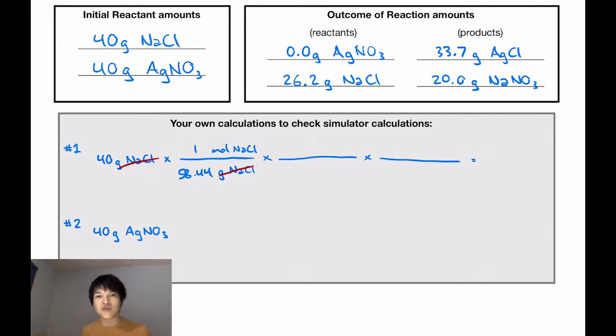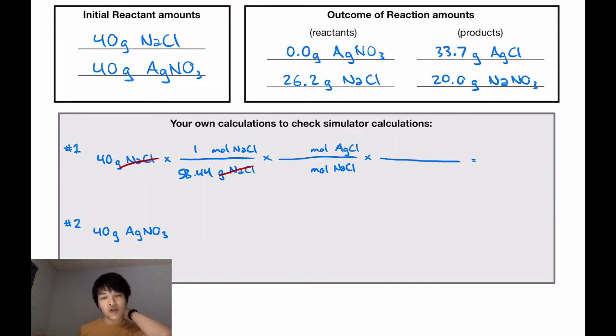For the second conversion factor, we're trying to go from moles of our first substance to moles of our second substance. So moles of our first substance is moles of NaCl. Moles of our second substance, I'm going to pick to be the first product, so moles of silver chloride. All right. This conversion factor is called a mole ratio.